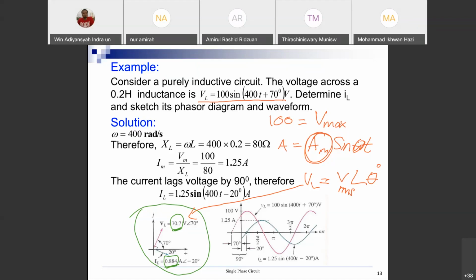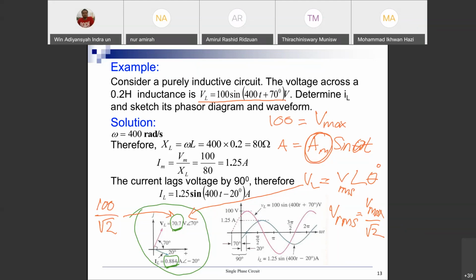The relation between Vmax and VRMS, from our class two weeks ago, is VRMS equals Vmax divided by square root of 2. So you get 70.7 from 100 divided by square root of 2.